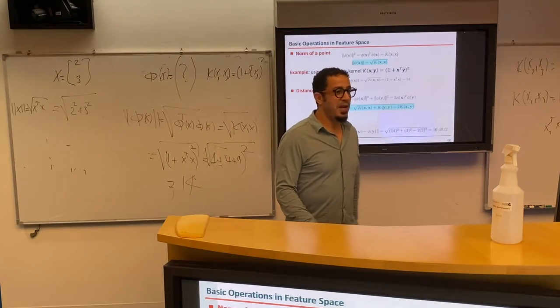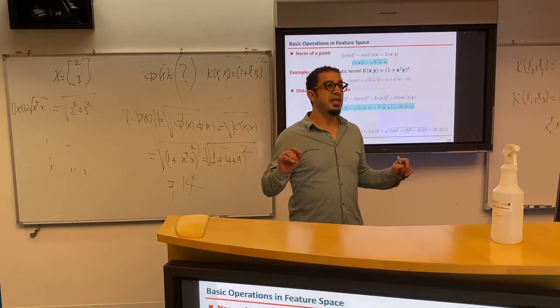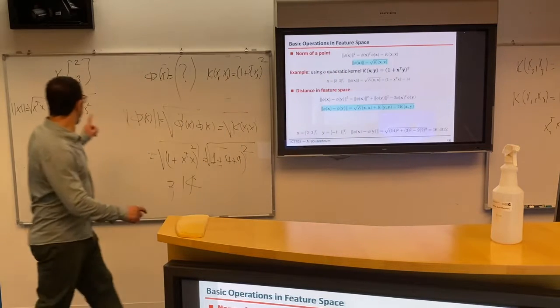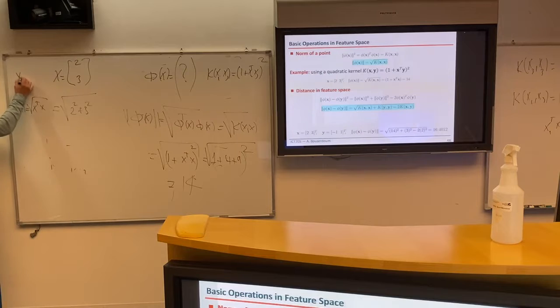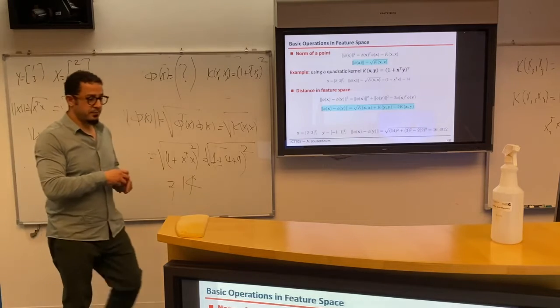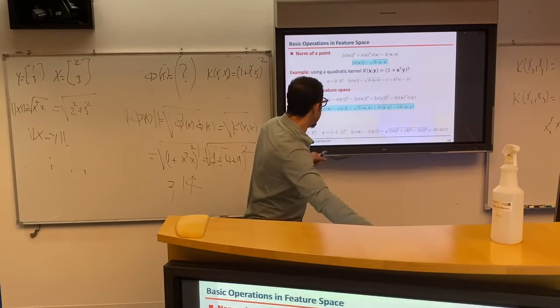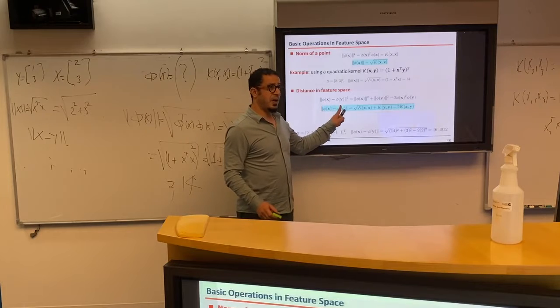Good. Okay, now let's find the distance. What is the distance here? If we have two vectors, for example, another vector 1 and 3, what is the distance between them? We do x minus y, all squared, right? Distance here, right? Here, what is the distance? Same way, we do phi of x minus phi of y, but what is the distance?